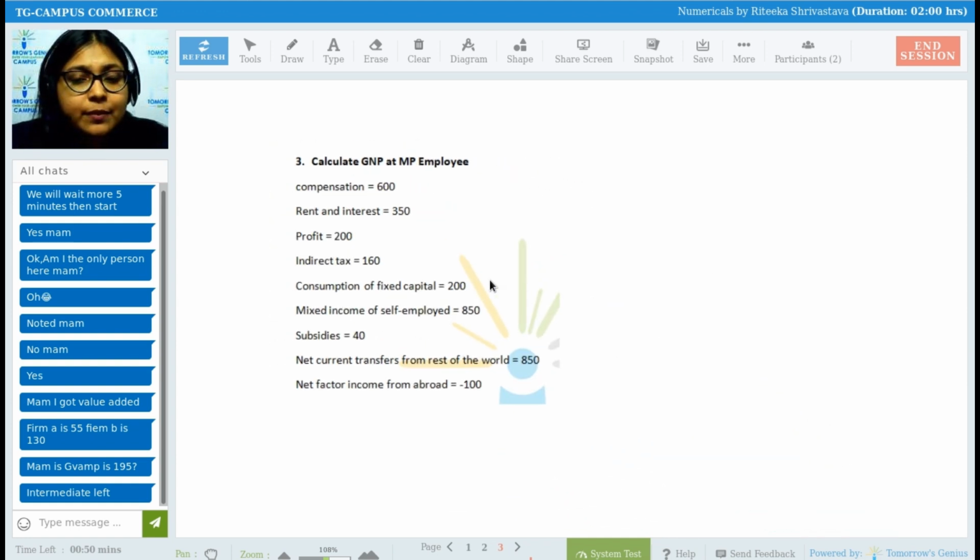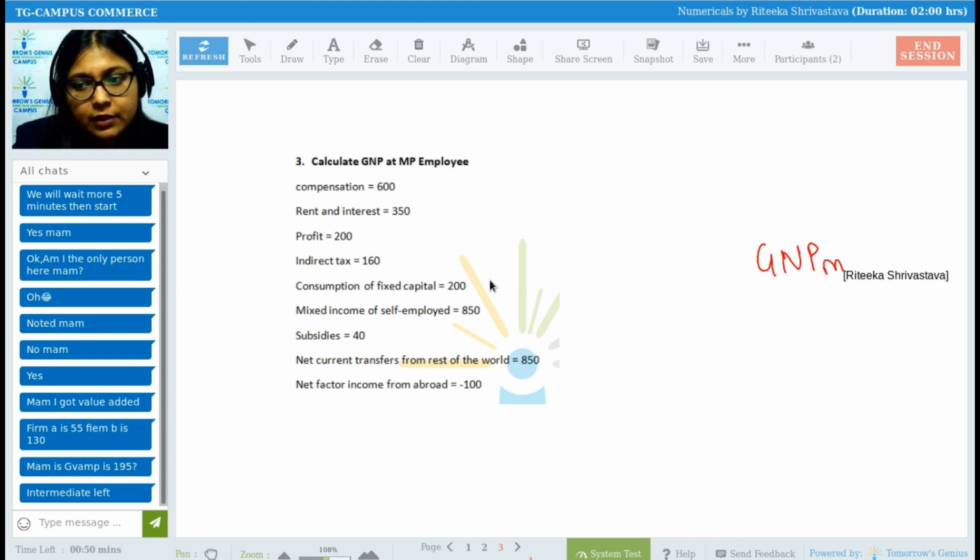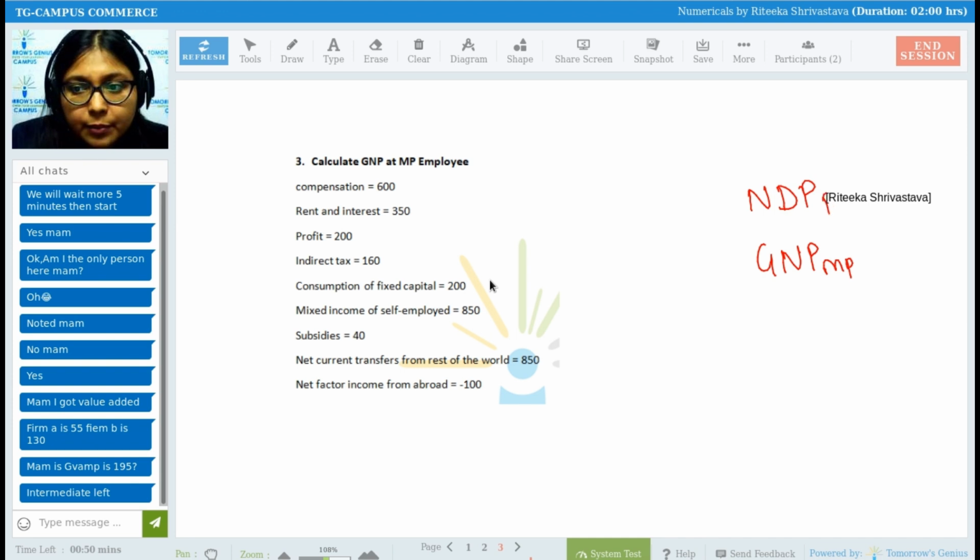You have to calculate GNP at MP. In the question they have asked you GNP at MP, but since we are solving national income under the income method, first we have to find out NDP at FC, and then you can go towards GNP at MP.